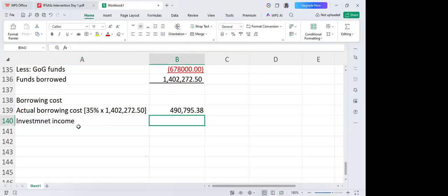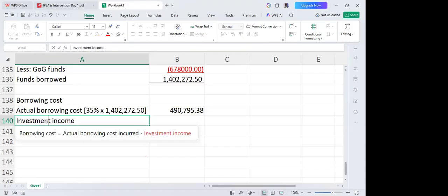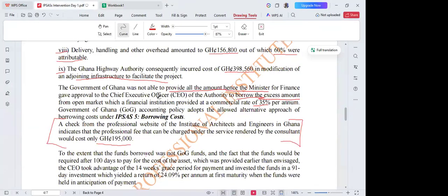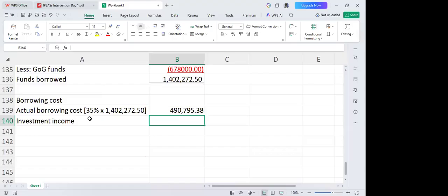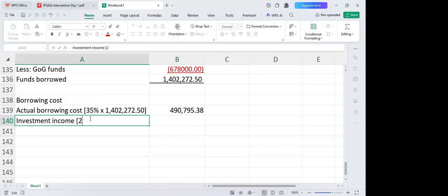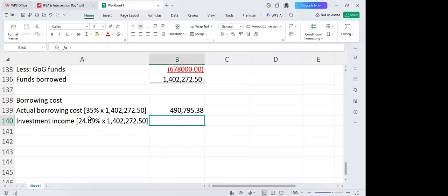Then we realize our investment income. We had an investment income in this question. We're told that we invested it at 24.09%. So we calculate for that too. 24.09% on the figure, which is 1,420,272.50. What do we get?